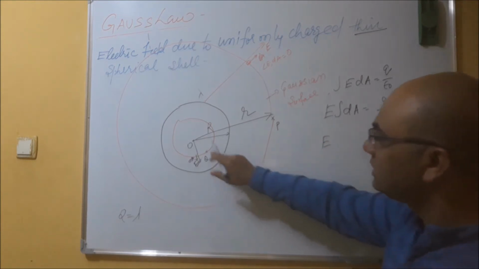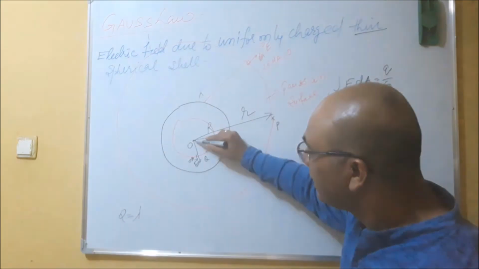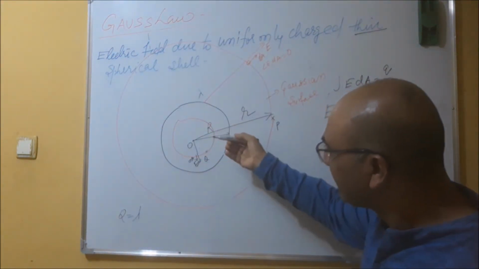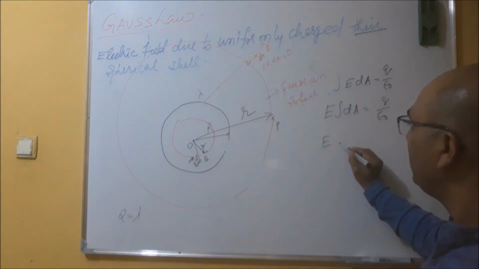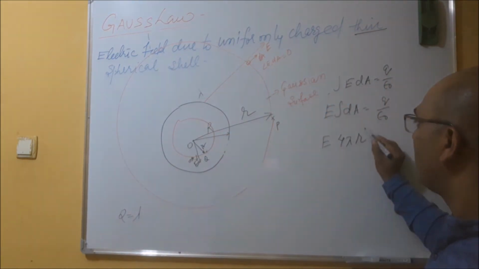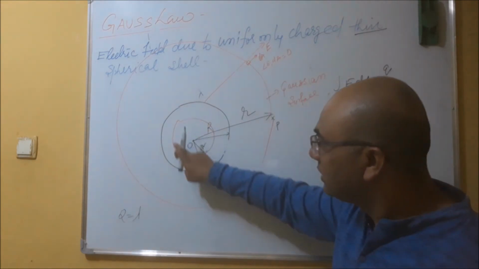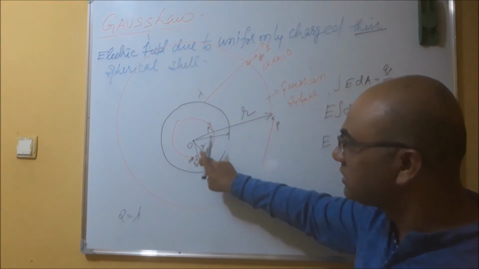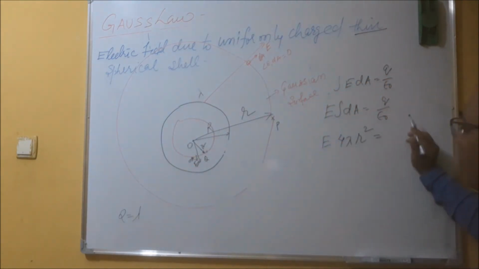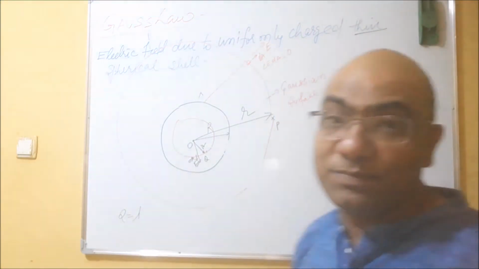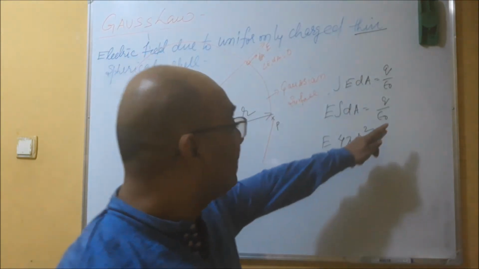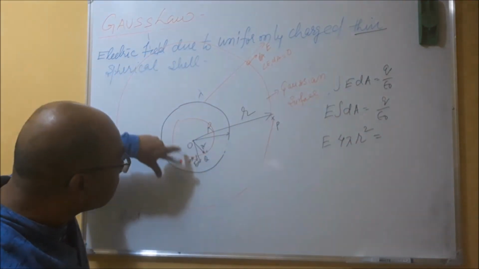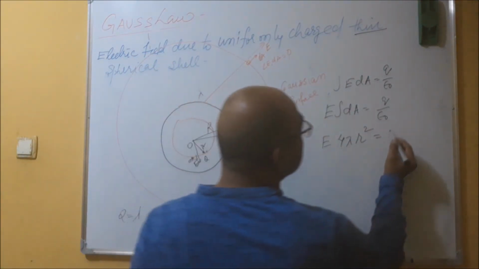What is dA? For the second case I am again taking this length as r. So for this Gaussian surface, the area will be 4 pi r square, and E times 4 pi r square equals q upon epsilon naught. If you see it clearly, the charge enclosed for this surface is 0.